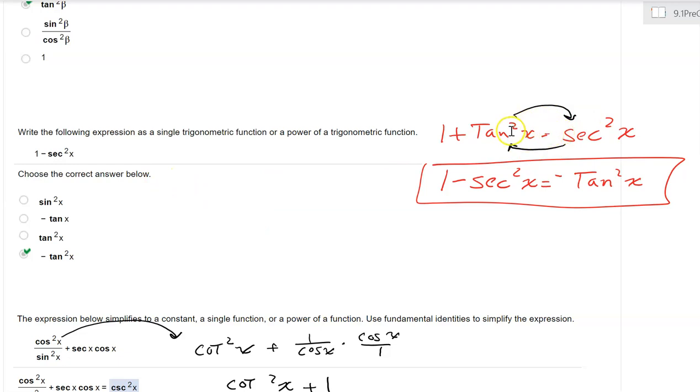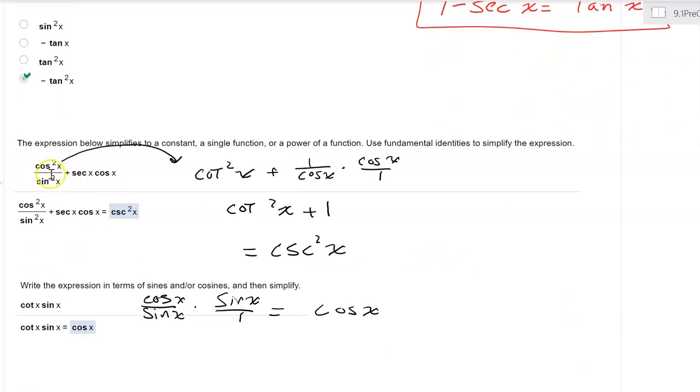Here we're looking at the Pythagorean identities, and so it's that original one of 1 plus tangent squared is equal to secant squared. And if we subtract secant and if we subtract tangent, this is what we end up with. So we can see this statement here is equal to negative tangent squared of x. Here we can rewrite this statement as cotangent squared of x, and then secant, as we saw in the one above, is another way of writing 1 over cosine.